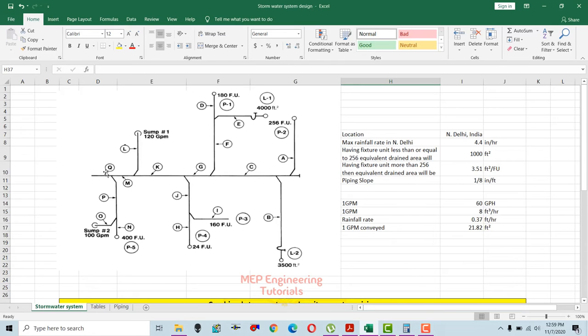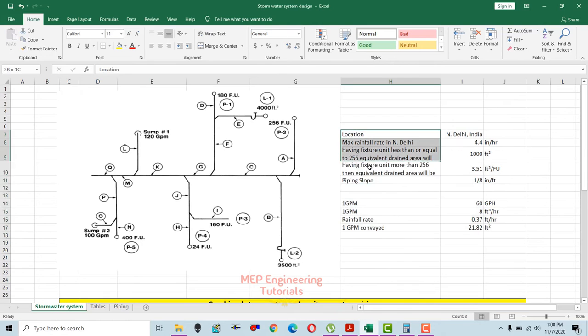So we're gonna calculate up till point Q, and we'll do the sizing up till point Q. We're gonna start from this furthest outlet, 256 fixture unit stack, P2 point. So the first important thing over here is the location. Where are you going to perform this?